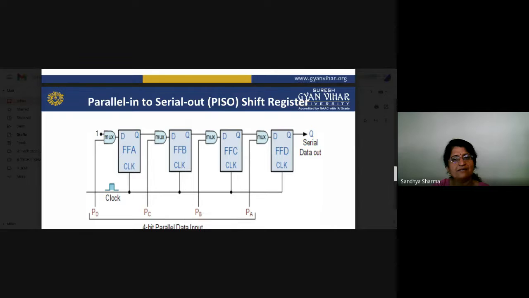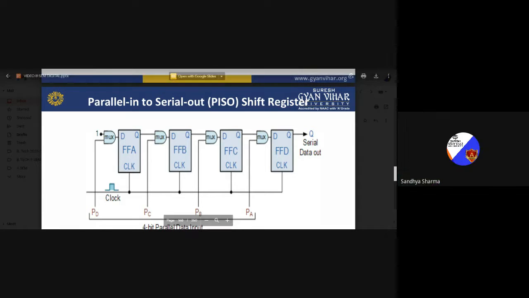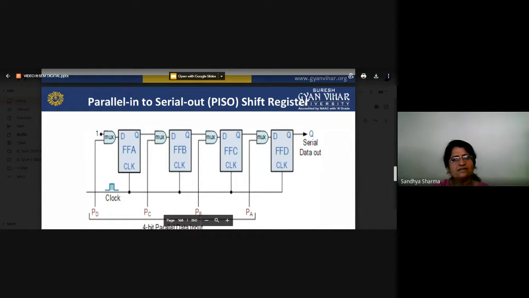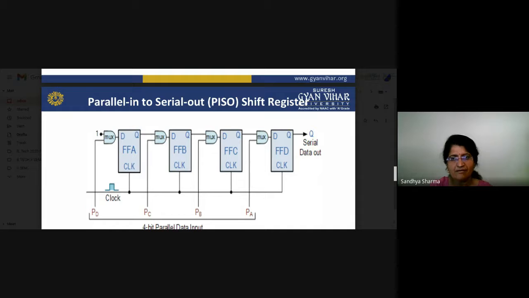These will be given to your input side, and after that, in this way, your data will be loaded in parallel, and it will exit serially. One by one it will be shifted to the next state. So this is the method.